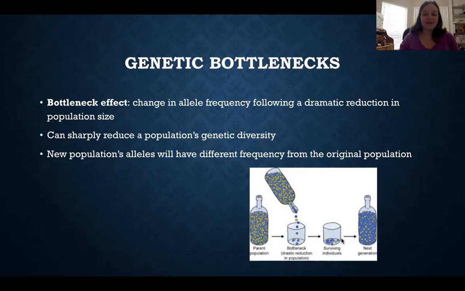So as they reproduce, we end up with a population that has a totally different allele frequency than the original just because of a random event. Some chance thing came through, and the surviving individuals are totally random rather than those most suited to the environment.